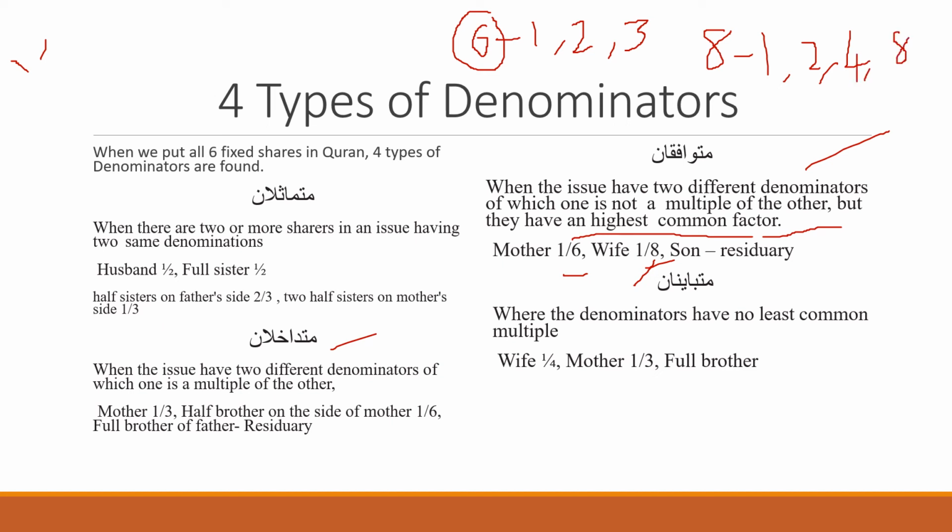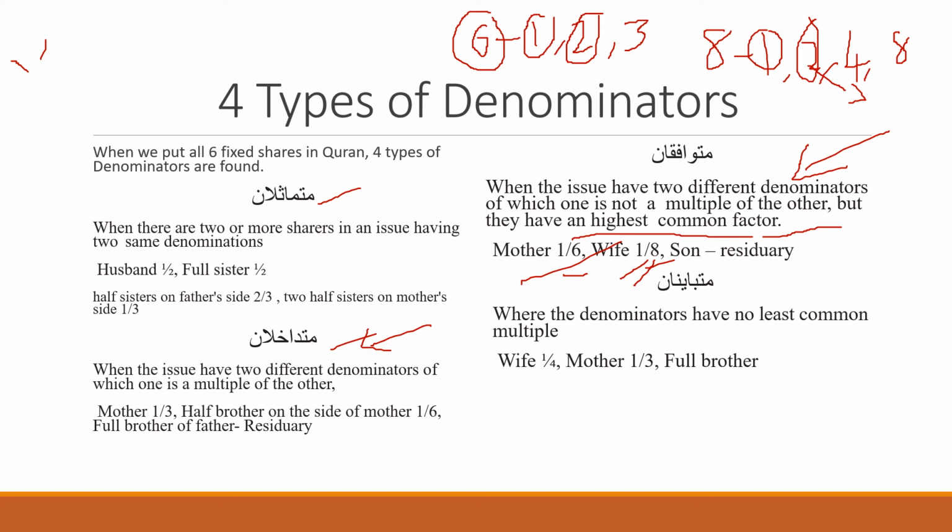Which are the common factors in these numbers? 1, 2. Yes, here also we got 1 and 2. 2 is the highest common factor. So the denominators 6 and 8 are not the same. If they are the same, then it is the case mutamathilani, and they are not multiples. If it is a multiple, then the case is mutadakhilani, and here it is mutawafiqani.